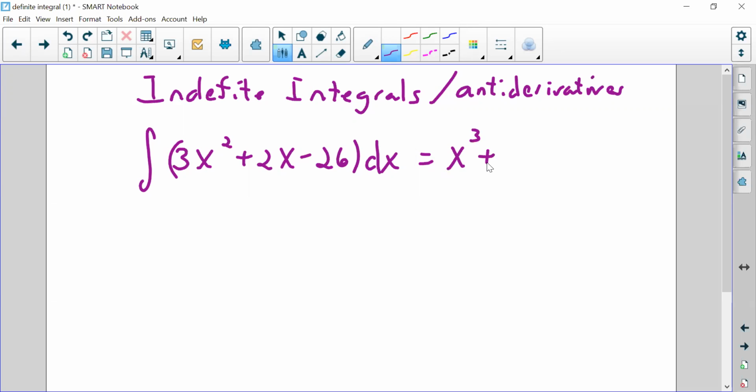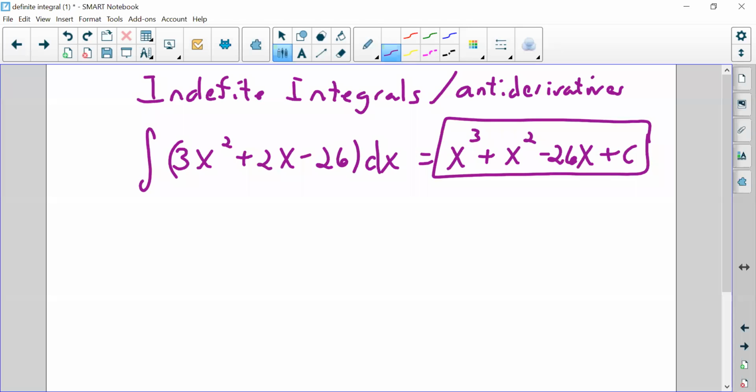Plus x squared, because that becomes 2x squared over 2, and the 2's cancel out. Minus 26x. Am I done? Plus c. Don't forget the plus c. Always remember your plus c. That's it. So that's our antiderivative that we talked about.